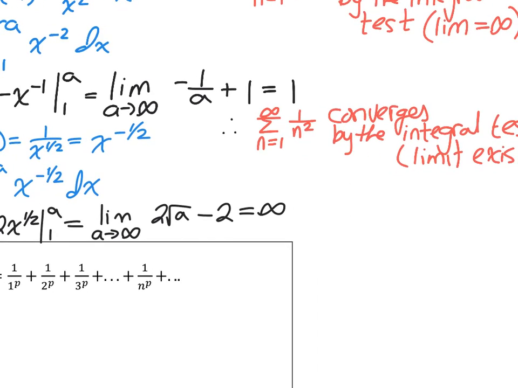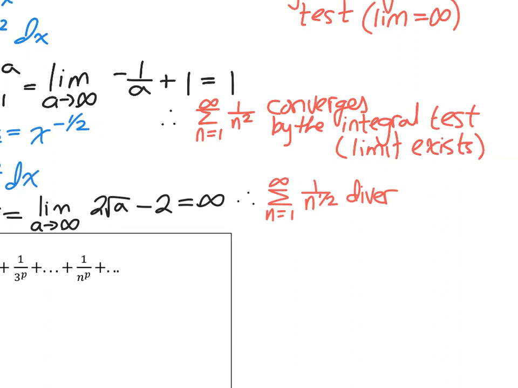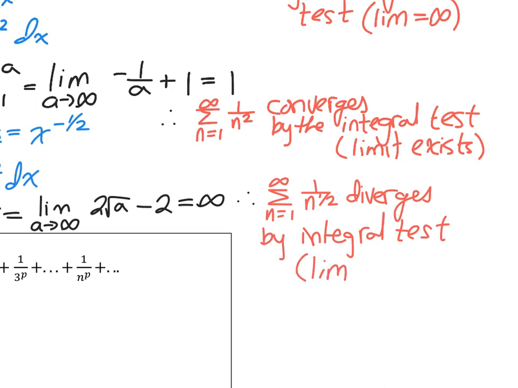So our conclusion would be that this particular p-series, 1 over n to the 1/2, diverges by the integral test, limit equals infinity.